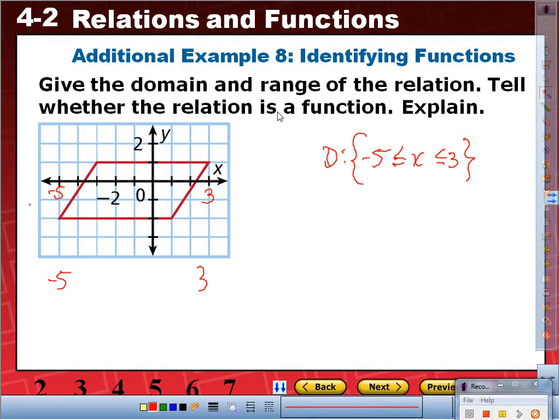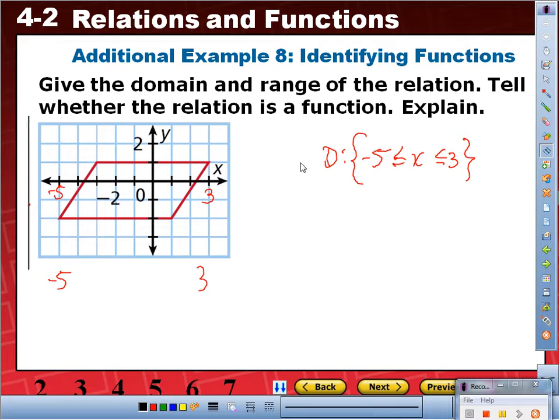However, check this out. They're asking, tell whether the relation is a function. So let's see. You need to get your pencil. You're going to scan this from left to right. Pay attention on this one.